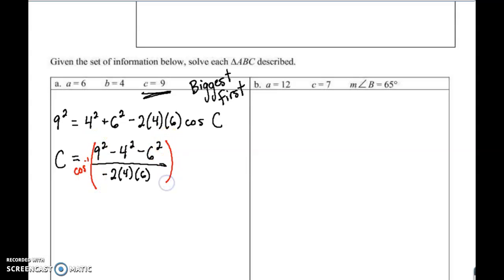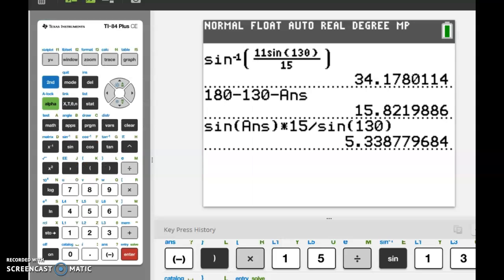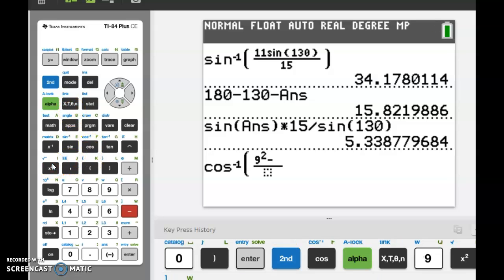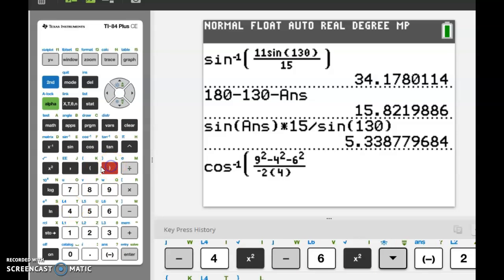So as you go to a calculator, you can just type it in like that. Inverse cosine, make it a fraction, of 9 squared minus 4 squared minus 6 squared over negative 2 times 4 times 6.